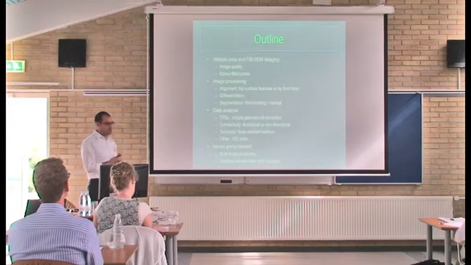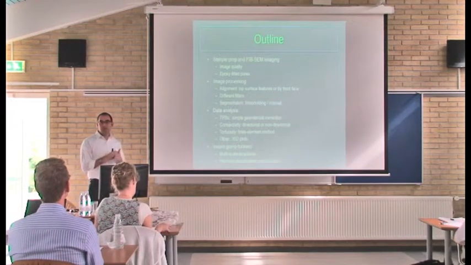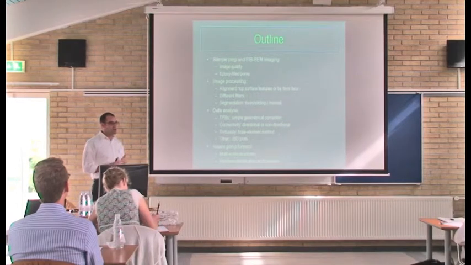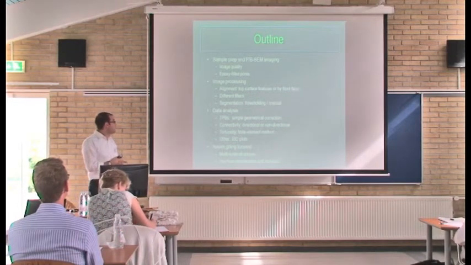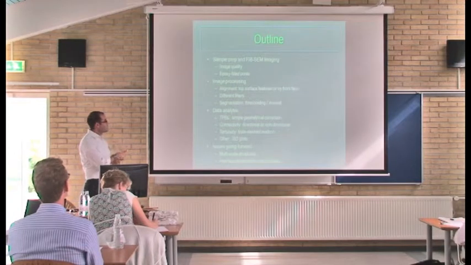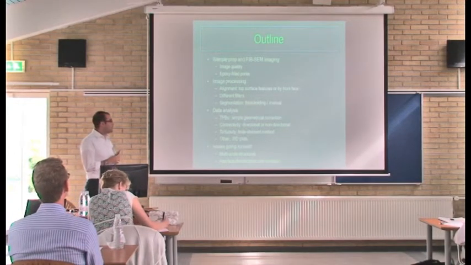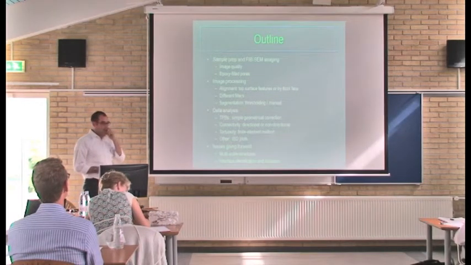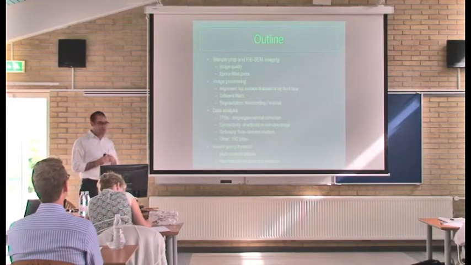As Peter alluded to, it is the rate-limiting step in the whole procedure. If you have to do anything by hand on a set of 400 images, the time adds up really quickly. Then we'll get into the image processing, some automated filters we run, the data analysis, different calculations we do, and then a few issues going forward that I think are worth discussing.